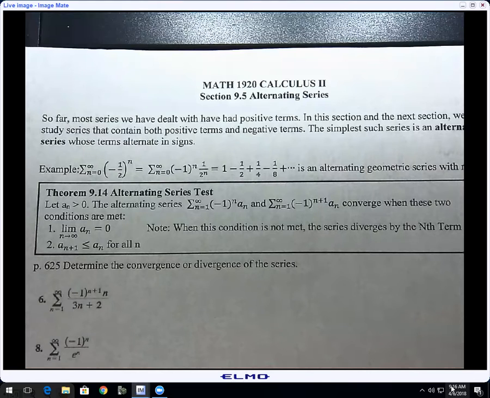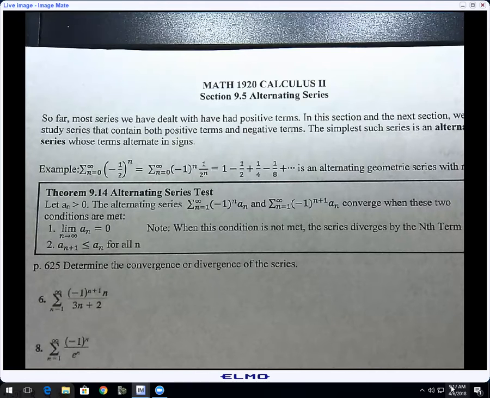And when the limit of the nth term is 0, what does that tell you about the series? Nothing. The nth term test is actually when the nth term is not 0, what does that tell us? It diverges. So that's still true. When the limit of the nth term is not 0, then the series diverges.